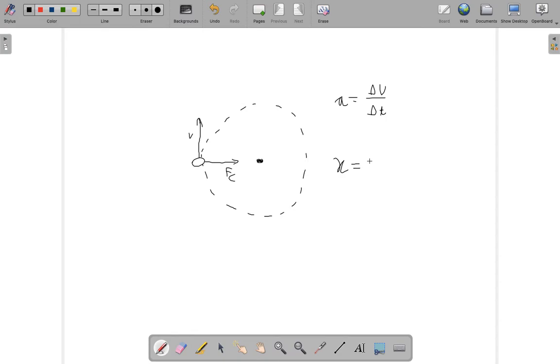It will travel a distance of velocity, because velocity is constant, times the change in time. And the angle that will be swept around when we cover this distance, so let's say the distance is from here to here, and we call that x. x is this arc length over here.